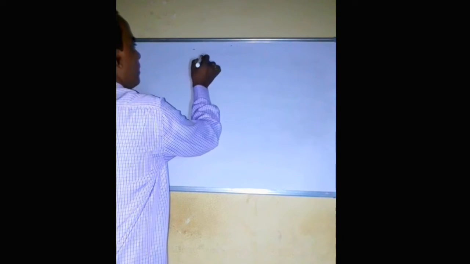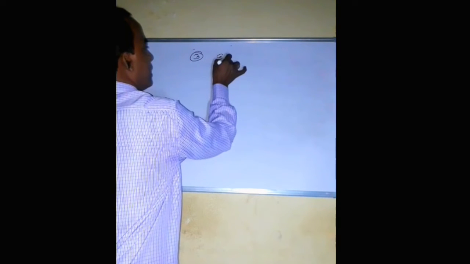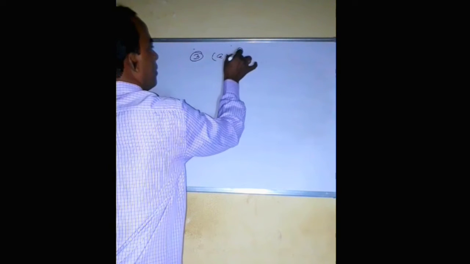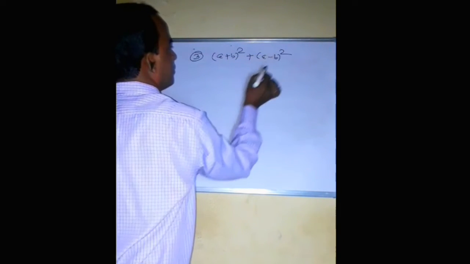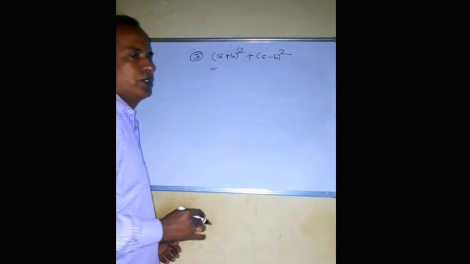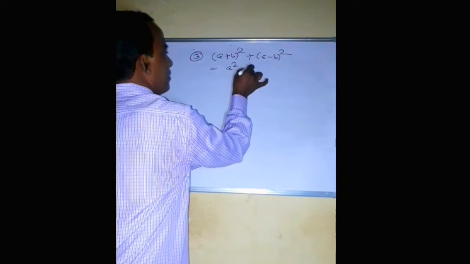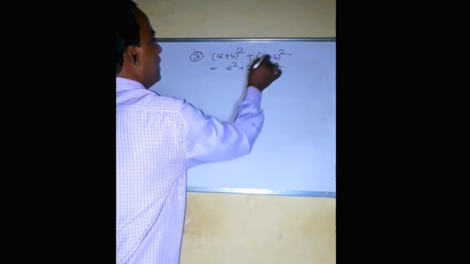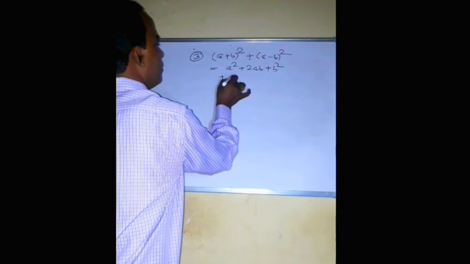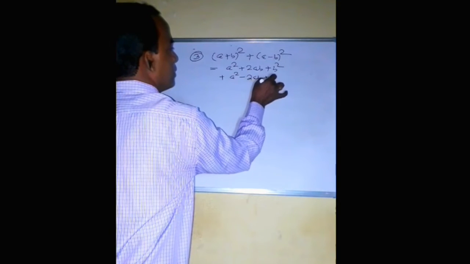Next, formula number 3: a plus b whole square plus a minus b whole square equal to how much? So we know a plus b whole square equal to a square plus 2ab plus b square, and a minus b whole square equal to a square minus 2ab plus b square.